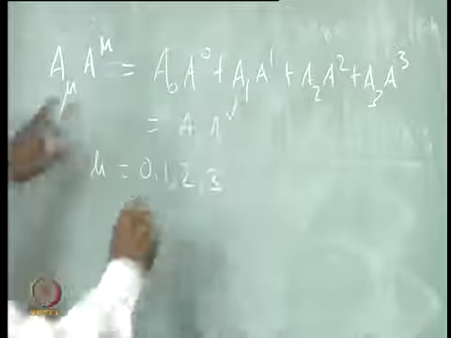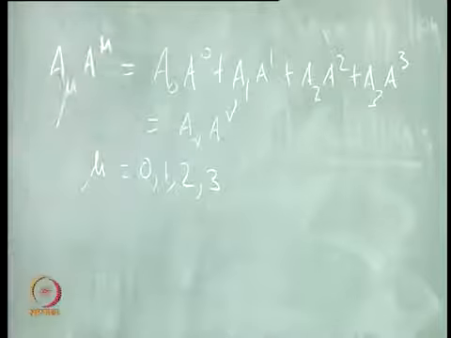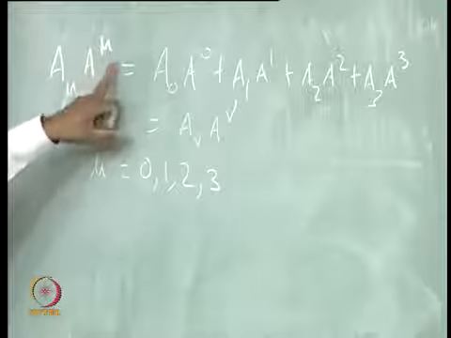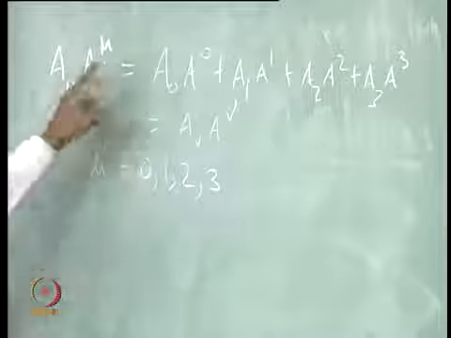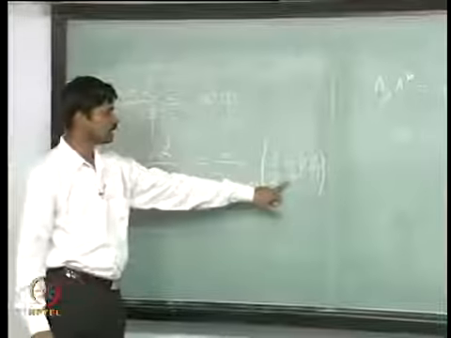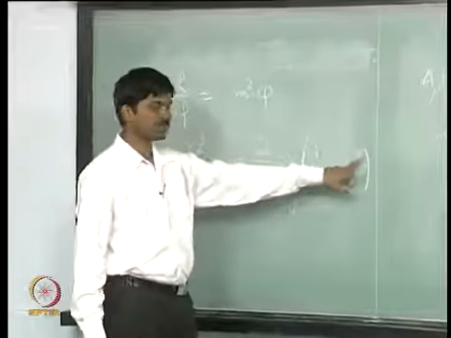This mu here in this expression is a dummy index, so we can put any label we want for this term. That is what I have done in this expression. Instead of mu, I have used nu here.